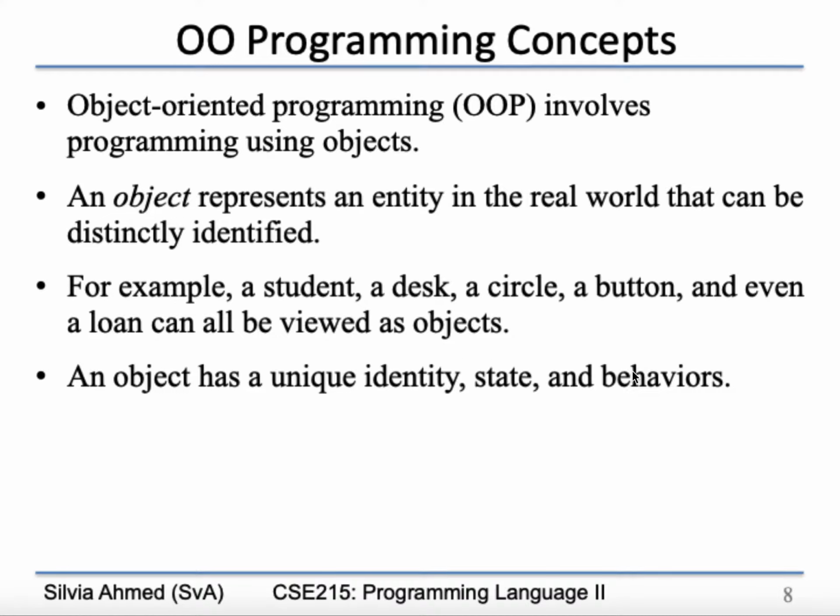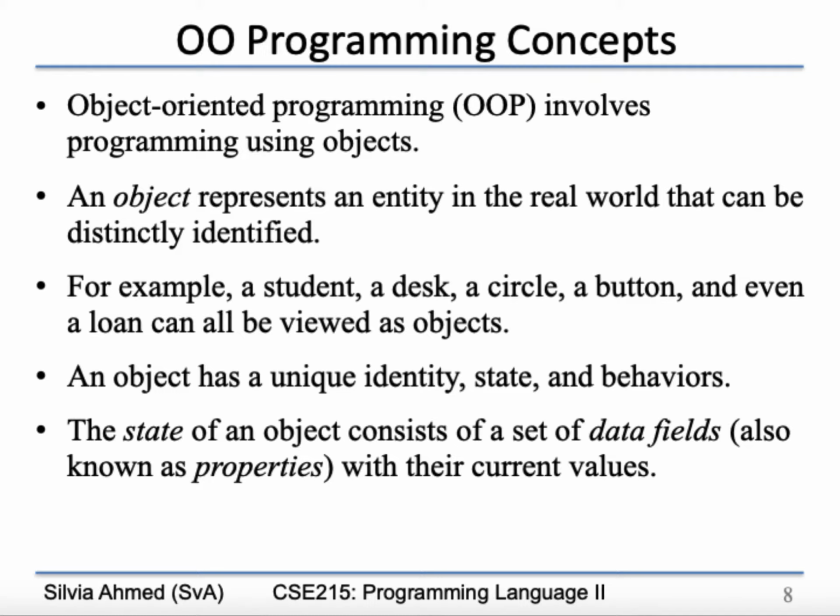And some behaviors: for example, if we repay some portion of the loan, the amount of the loan should be updated. If we take out some new loan, the amount should be increased. These are the behaviors of the loan. So since it has a unique identity, state, and behavior, a loan can be viewed as an object.